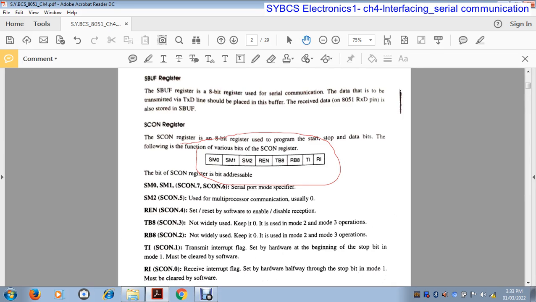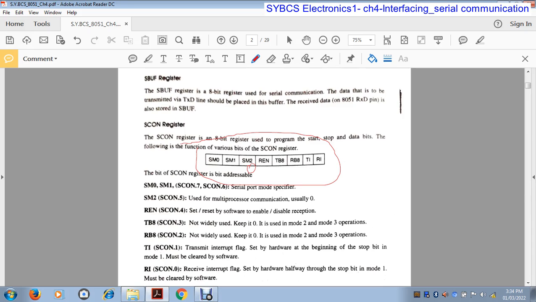SM0 and SM1 are the serial port mode specifiers, used as the mode selector. We know that we require mode 2.